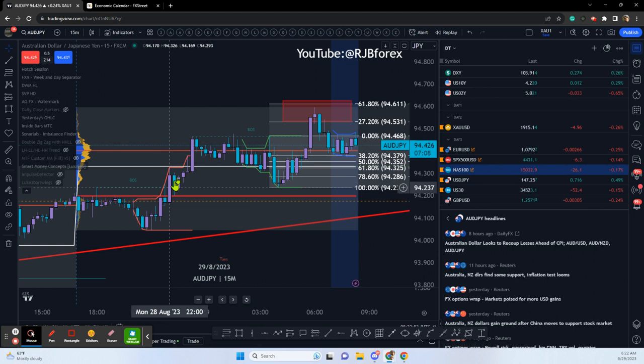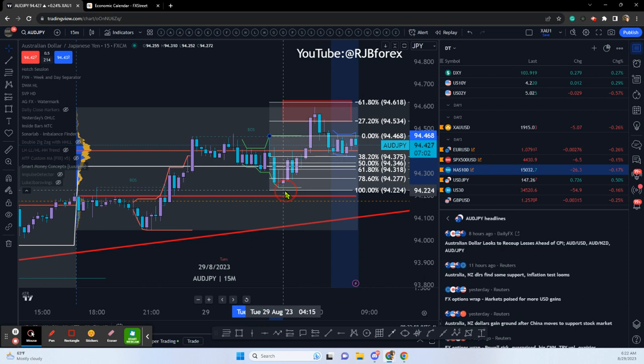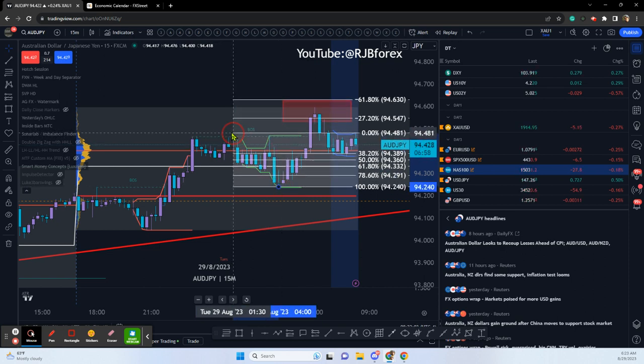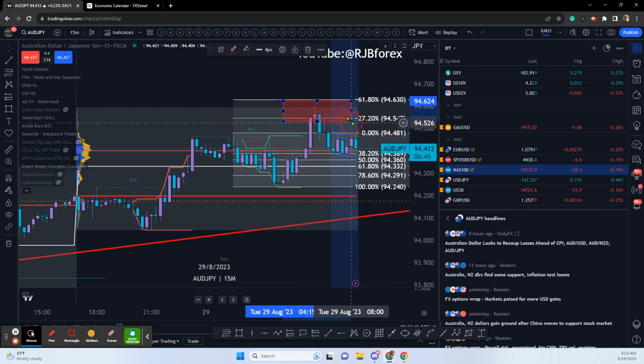So we impulsed up, we corrected lower, impulsed up. So I'm basically just drawing the Fibonacci on this correction. Corrections between a high and a low. So low to up, so bottom to up, and that puts this high right in between the minus 272 and the 61.8.